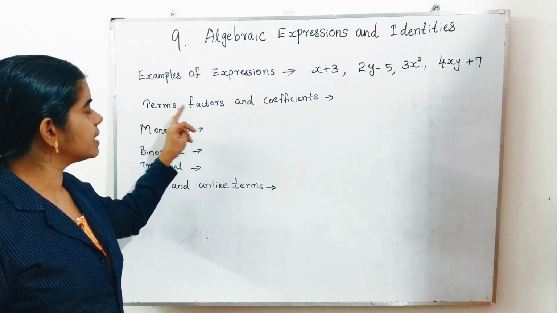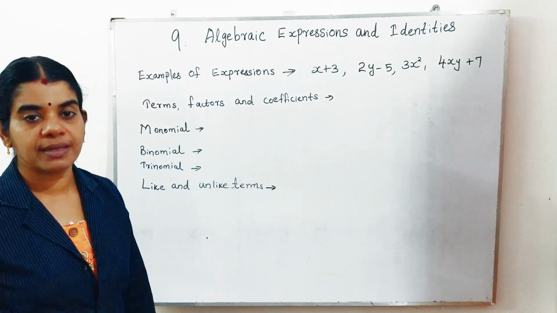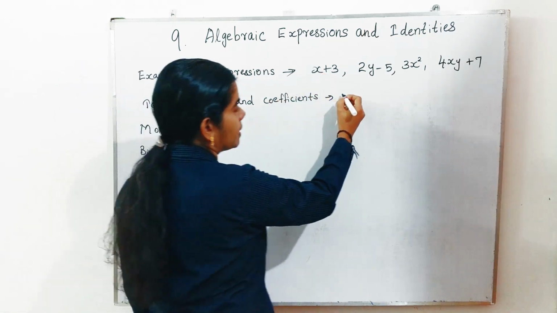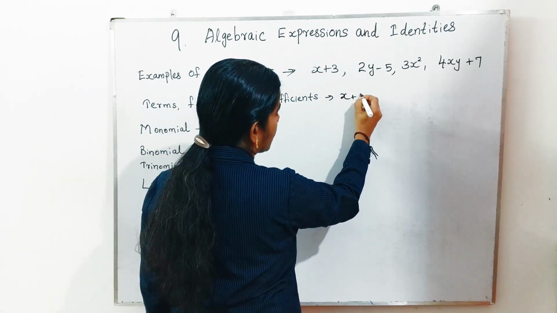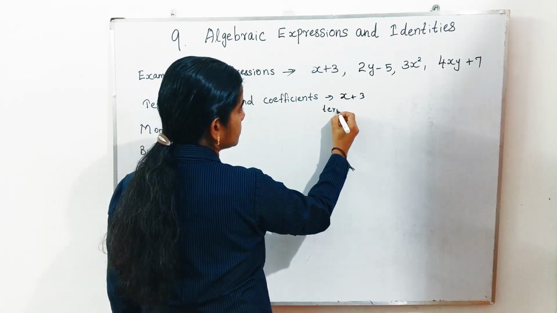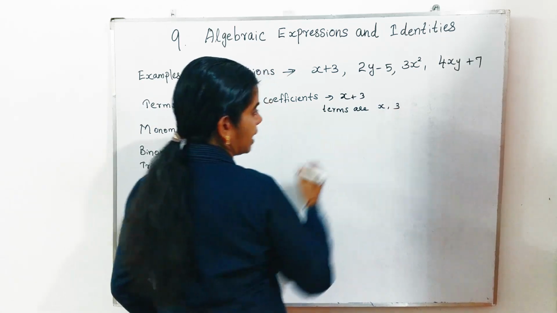Next I am discussing terms, factors and coefficients. What is meant by terms? Here I am using the same example, x plus 3. What are the terms here? The terms are x, 3.